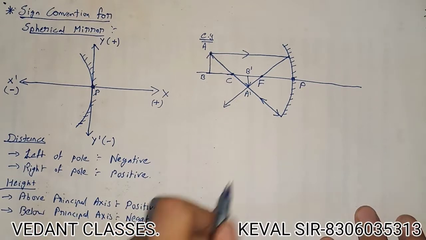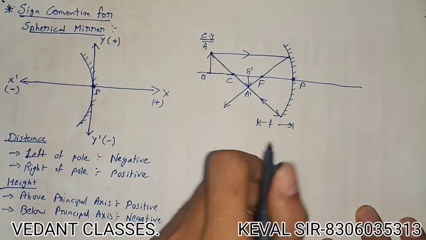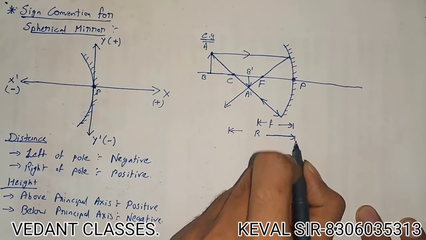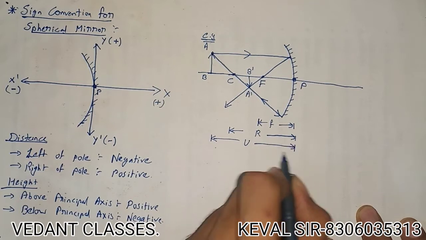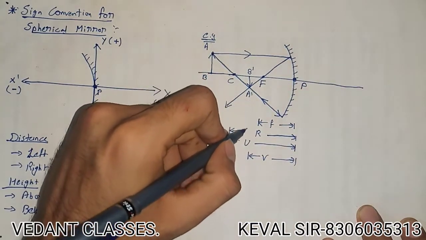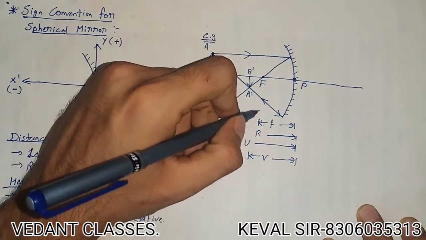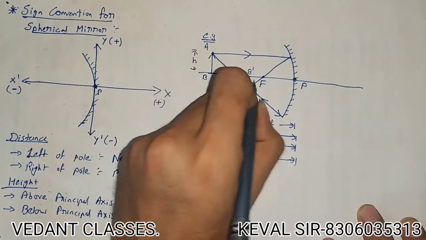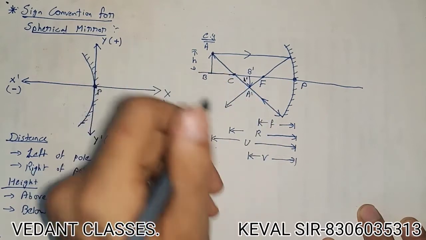This is focal length F from F to P. This is radius of curvature from C to P. This is our object distance U. This is our image distance, that is V. We need to consider it from here, then C, and this will be your F. Now you just need to consider the height of object, that is H, and the height of image, let's say H dash.